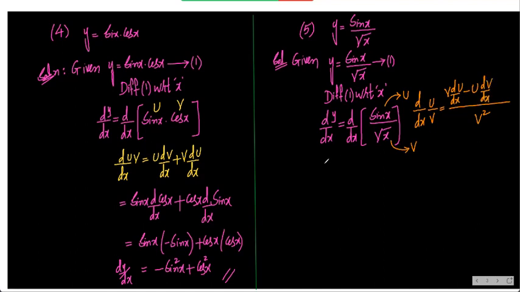Then if you substitute in the formula and proceed, you can see what happens. First of all, according to the formula, you have to square the denominator. Let us square it: root of x whole square. And here according to the formula, v means root x will come here. And then we write the formula: d by dx of sin x minus u as it is, means sin x as it is, then d by dx of root x.